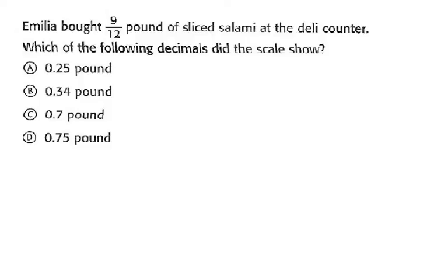Now look at this problem. Amelia bought 9/12 pound of sliced salami at the deli counter. Which of the following decimals did the scale show? Now, this is one of those times when it's a multi-step problem, but they didn't tell us it's a multi-step problem.